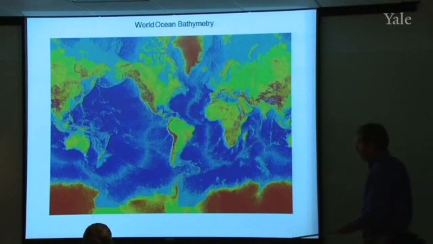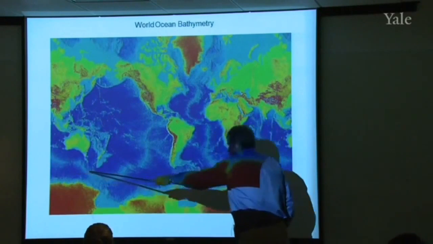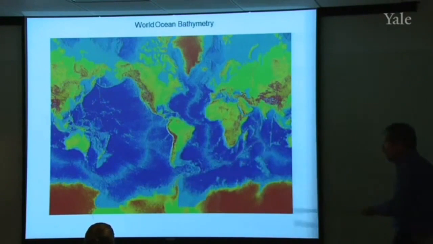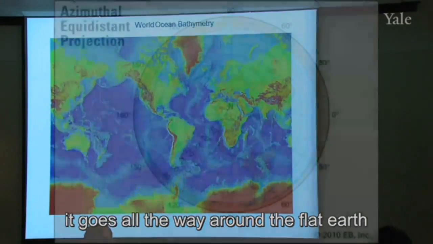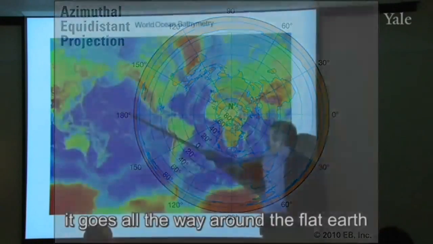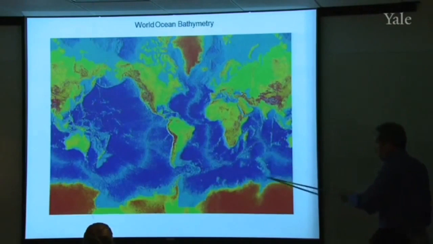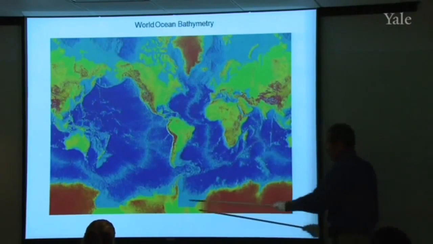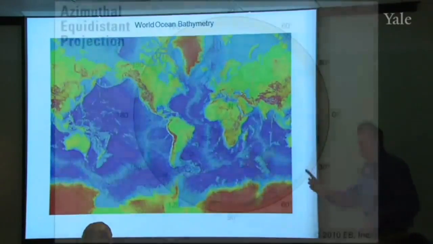And then the one gigantic exception to this is the so-called Southern Ocean. That strip of ocean that goes all the way around the globe is usually called the Southern Ocean in oceanography. If you go far enough south in the Pacific, you join onto it. The Atlantic, you join onto it. The Indian, you join onto it. And as we'll see, you can have ocean currents here that go right around the globe.